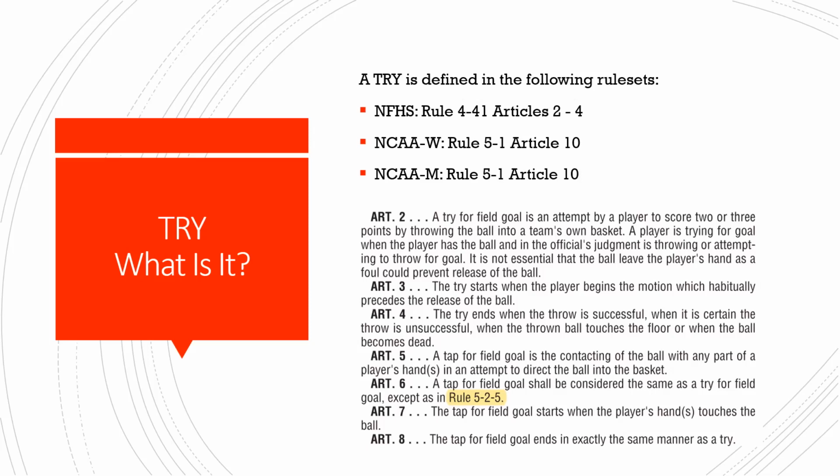Whether the ball is released from the player's hand or not is inconsequential, and the rule clearly states it is not essential. The try starts when the player begins the motion which habitually precedes the release of the ball. The try ends when the throw is successful, when it is certain that the throw is unsuccessful, when the thrown ball touches the floor, or when the ball becomes dead. The rest of the articles go into taps, but taps for goal essentially are tries as well.